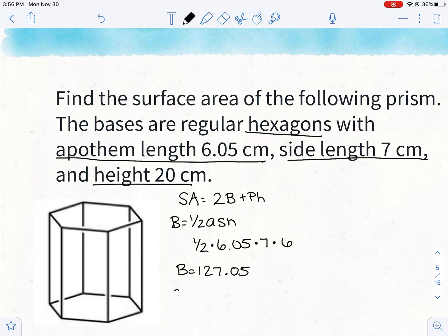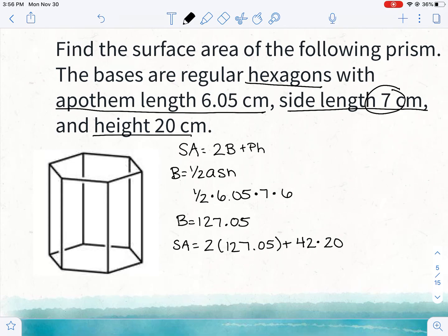So going back up to my surface area formula, I've got 2, because I have 2 bases, times 127.05, plus the perimeter of my base will be 7 times the 6 sides, so 42, times the height 20.